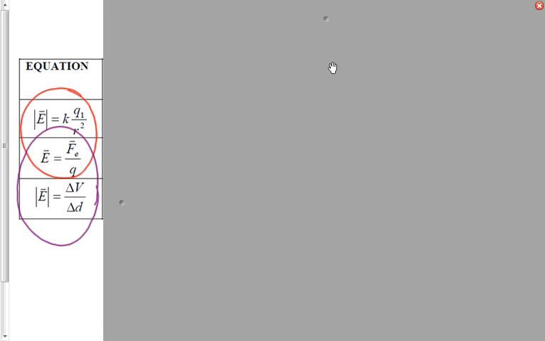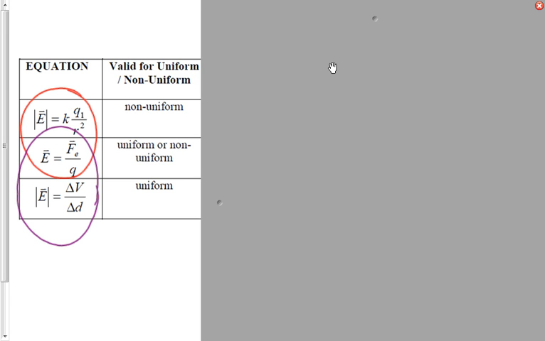Well, what's similar about these? What's different about these? The first two equations can be used in a non-uniform field. In other words, if we have the point source producer, we're allowed to use this equation, and if there's an experiencer in there, we're allowed to use this equation, the experiencer equation.